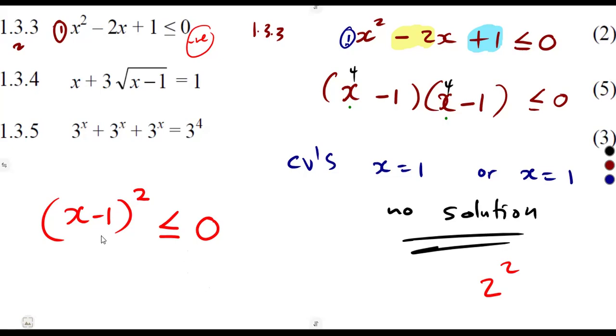That is why we are saying there's no solution. For any value of x that you pick, whether it's negative or positive, the moment you square that, it becomes a positive. So x minus 1 squared must be greater than or equal to 0, not less than. When it is less than 0, there is no solution. It does not exist.